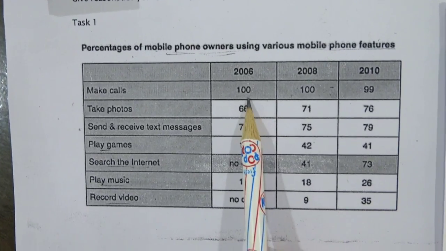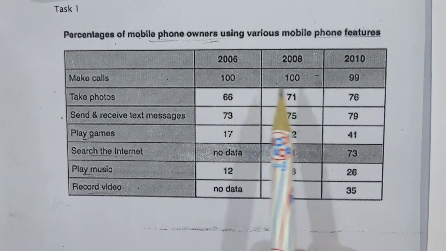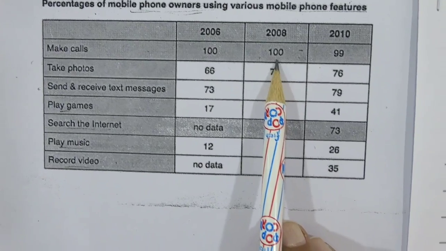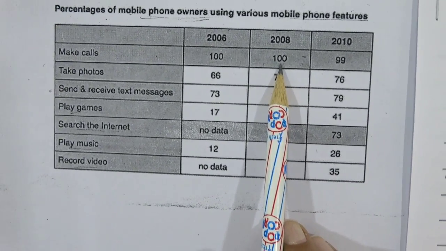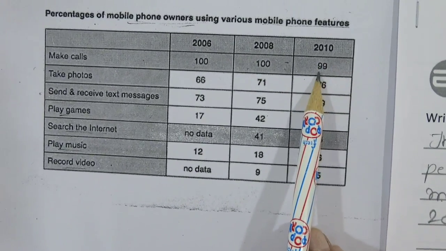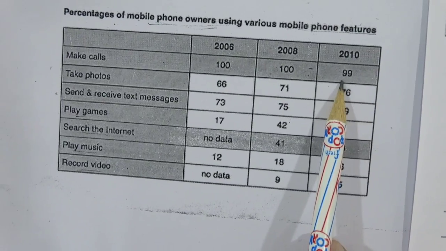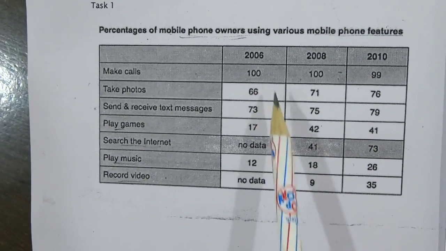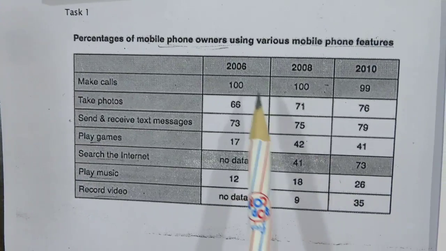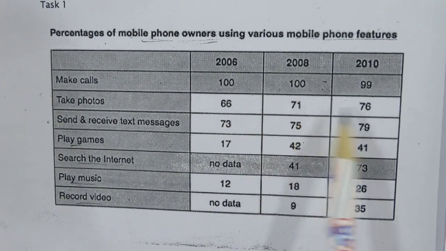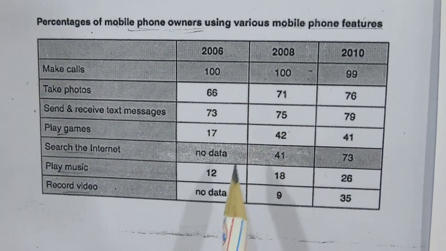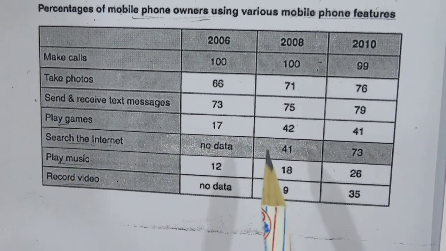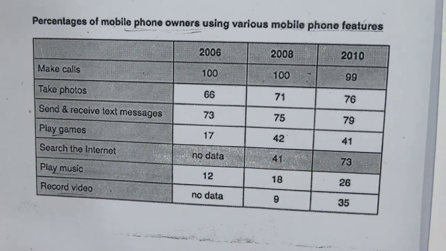In 2006, the percentage was 100%, as well as in 2008, the percentage was the same as 100%. But in 2010, it decreased a little bit to 99%. Now we'll write it in this way. We won't describe each and every data and we won't describe what is written here one by one, but we'll make it shorter and as is given in the question, we'll only use the main points.